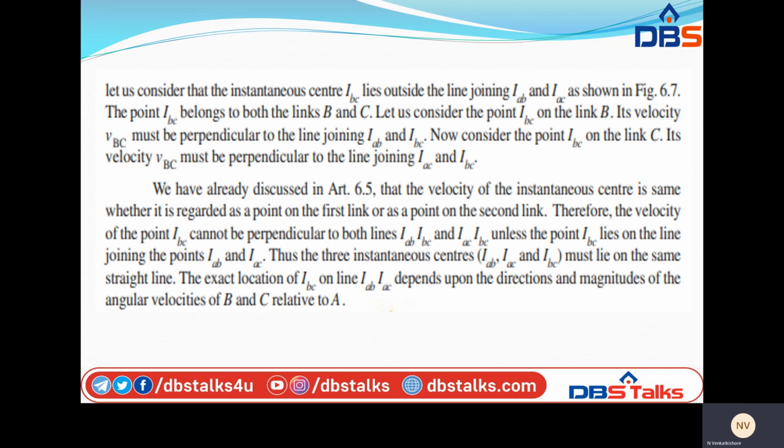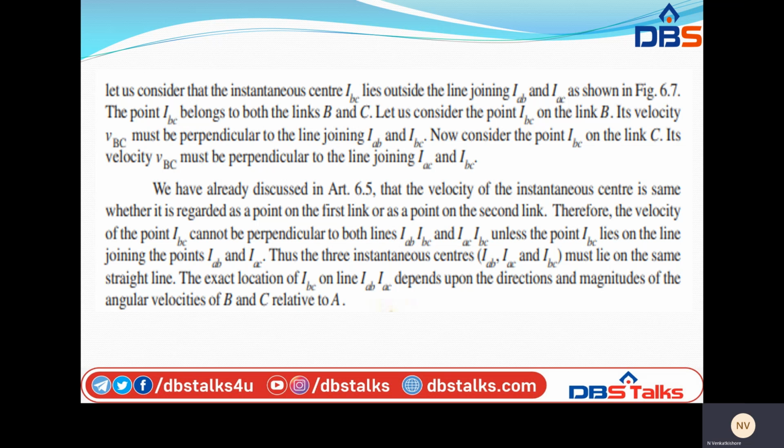In order to prove this, let us consider that the instantaneous center IBC lies outside of the line joining IAB and IAC. The point IBC belongs to both links B and C. Let us consider the point IBC on link B. Its velocity VBC must be perpendicular to the line joining IAB and IBC.